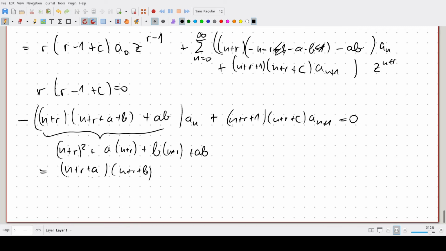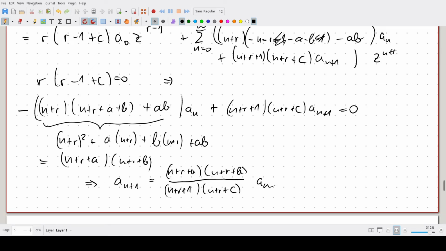In other words, we have a n plus 1 equal to n plus r plus a, n plus r plus b, divided by n plus r plus 1, n plus r plus c, times a n.